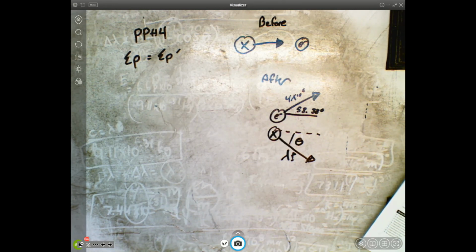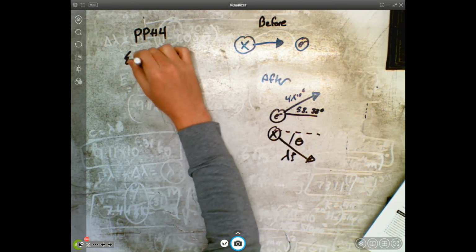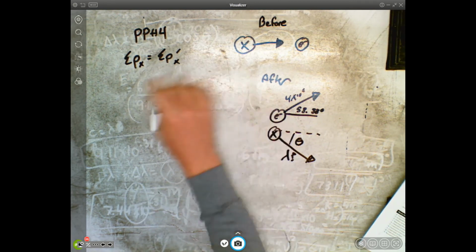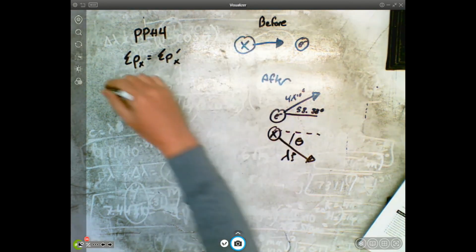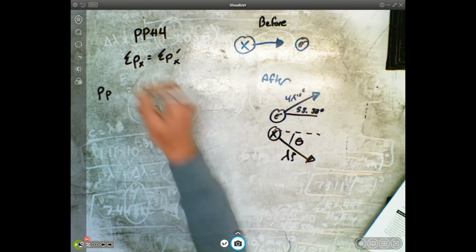Okay, so this is a 2D question, so we need to solve it in the x first. Before, we just have the momentum of our photon.